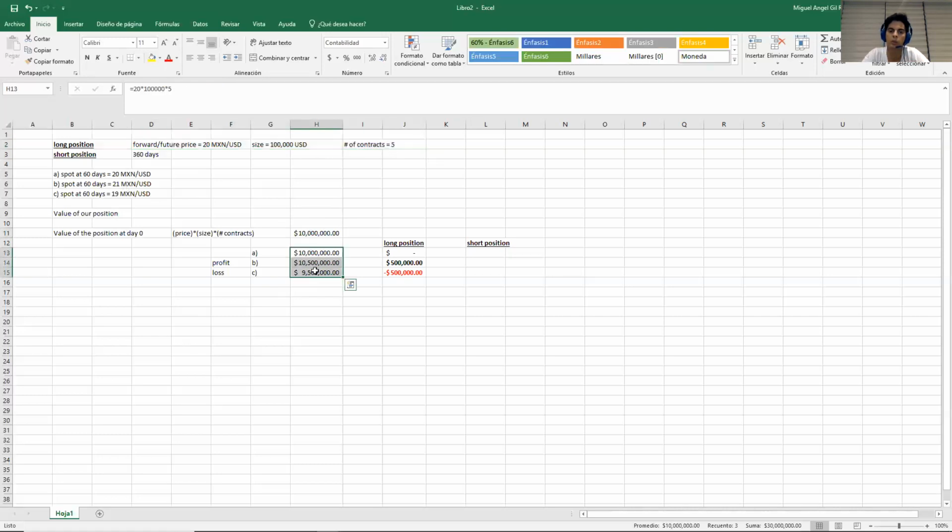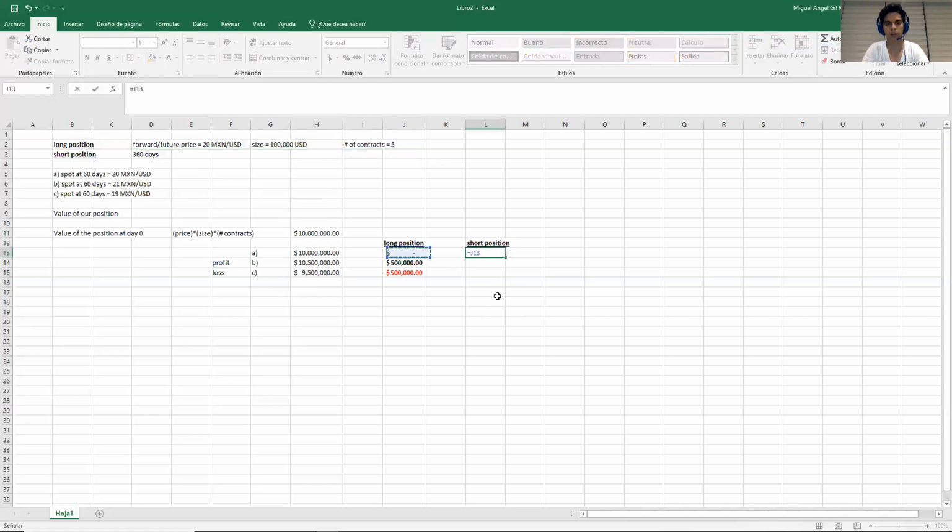It will be the same thing. It's just the way in which we interpret whether we are making a profit or loss that is going to change. If I am forced to sell dollars at 20 pesos and the market is 20, am I happy, sad, or neutral? I will be neutral. It's the same if I sell it in the market or in the contract, so it's 0. But if I am forced to sell my dollars at 20 instead of 21, then I will be sad. It's the opposite, so I will have to do the subtraction the other way around.